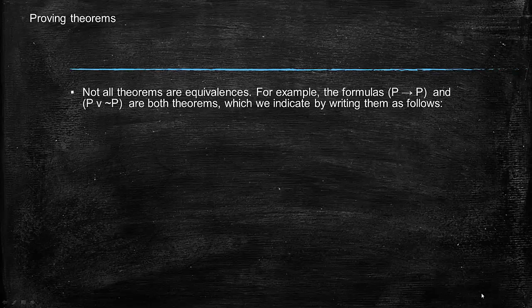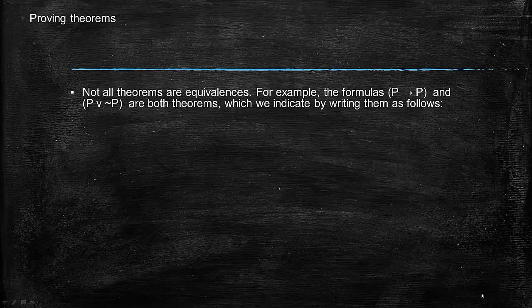So not all theorems are equivalences. We introduced the idea of a theorem when we talked about equivalences. Actually, the book introduced it a little earlier. But there are lots of things that are theorems that aren't equivalences. So if P, then P is a theorem. It follows from no premises, and so is P or not P. It's called the law of the excluded middle.